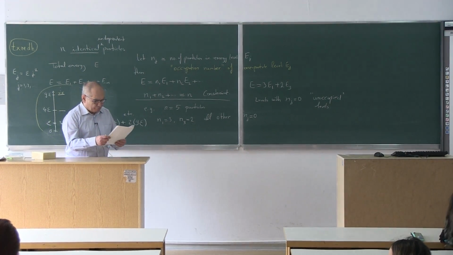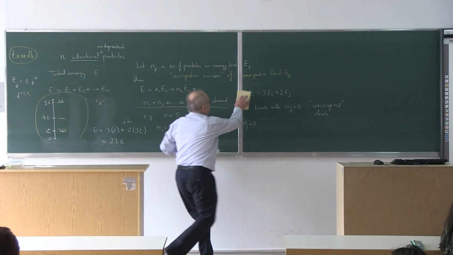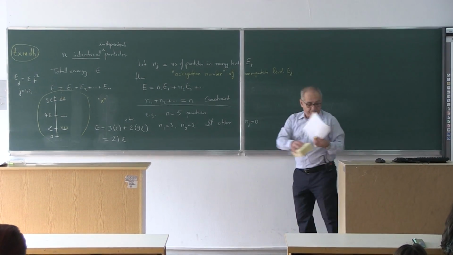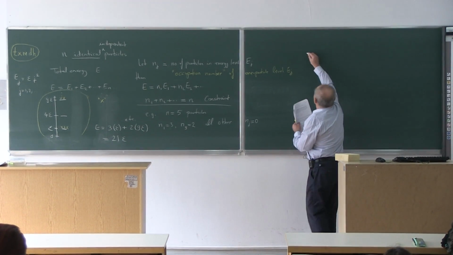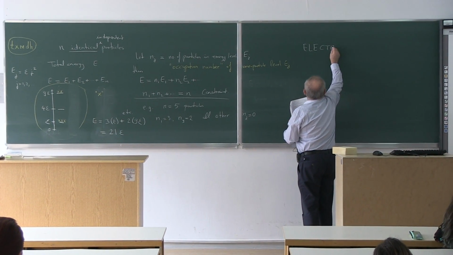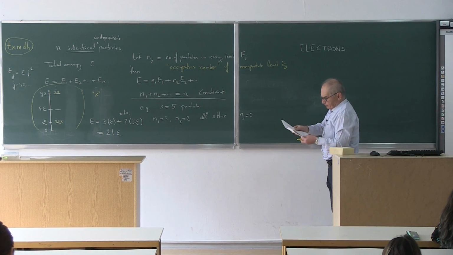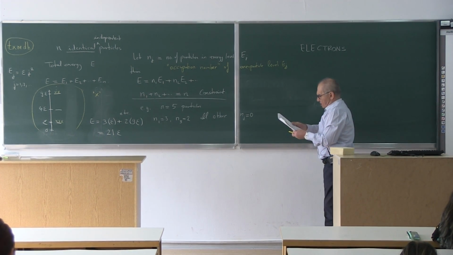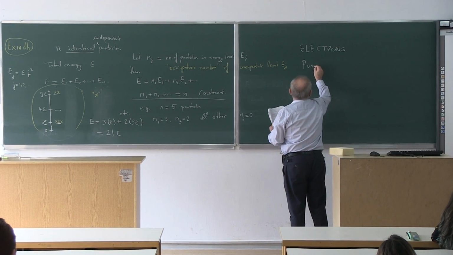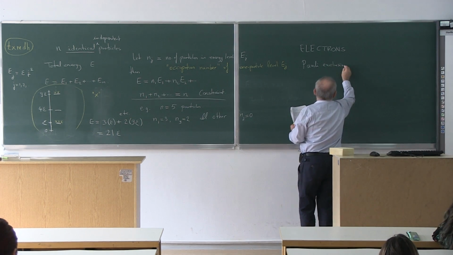Now, when the particles in question are electrons, there is a constraint, as I said, which is called Pauli exclusion principle.